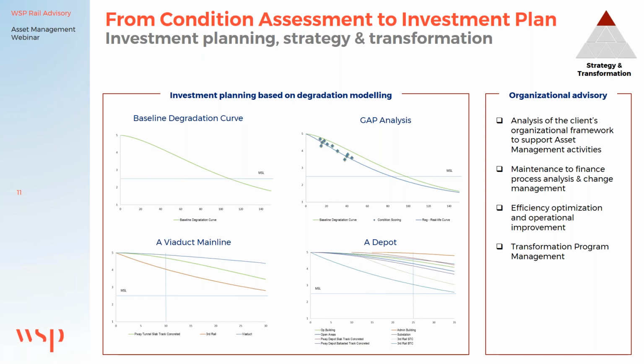The last part is what we call organizational advisory. So in very concrete terms, when we came into this project, the client had no asset management department. There was just one project manager following us, basically with 2 assistants. And when we left after 2 years, the department counted 40 people.